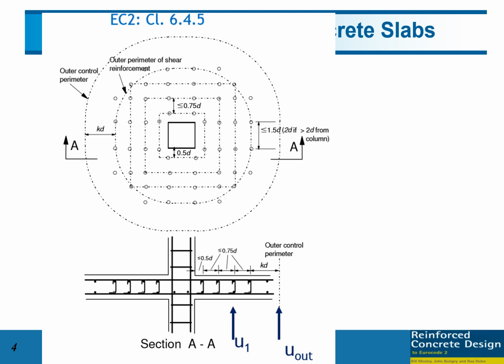Okay, so you can see how to arrange the reinforcement bars, and then this is the outer control perimeter, kd, and then the outer perimeter of the shear reinforcement. So it means punching shear reinforcement is not required at the outside of the outer perimeter of the shear reinforcement.